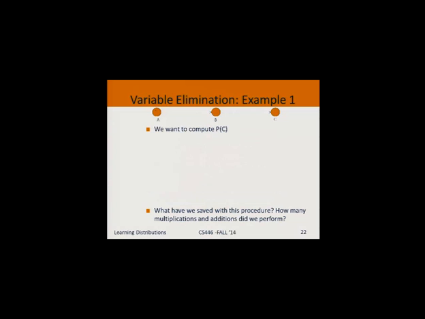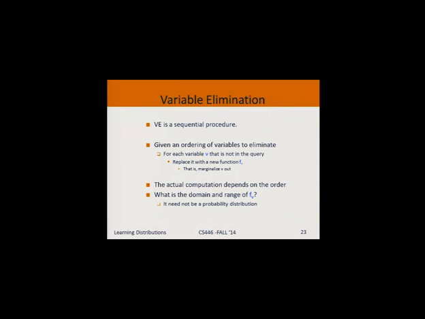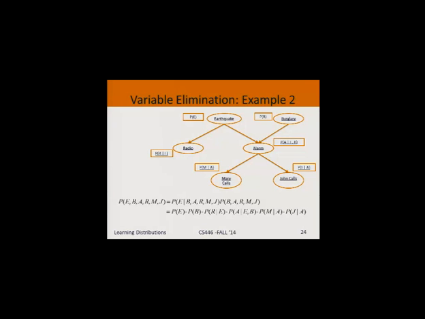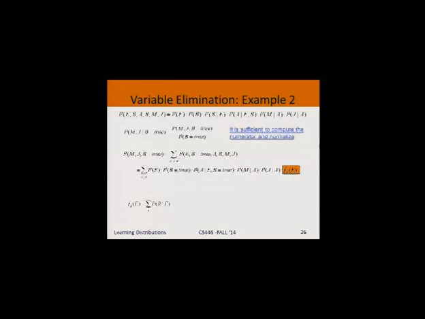I'm not going to go over this example now because I want to start the next thing, but I gave an example of a very simple network to show how this works. There's nothing tricky about it. You do the sum in a given order, and it so happens that you get it simpler. So I'm going to skip this computation.